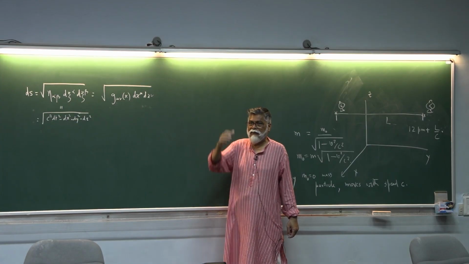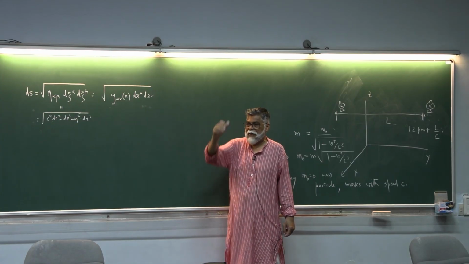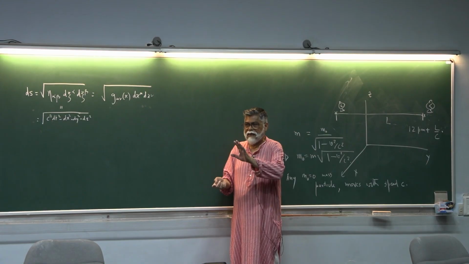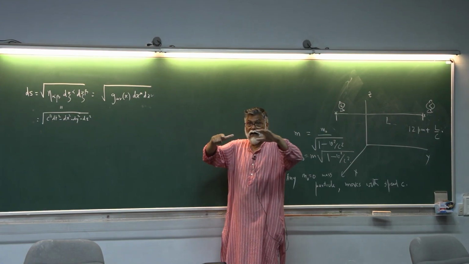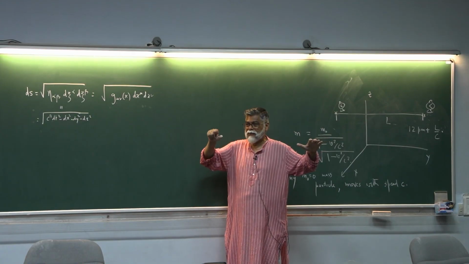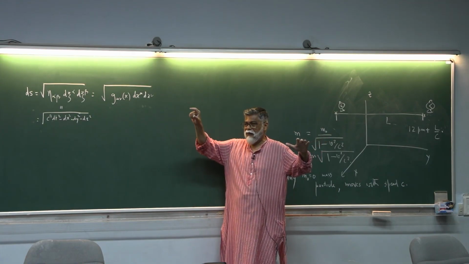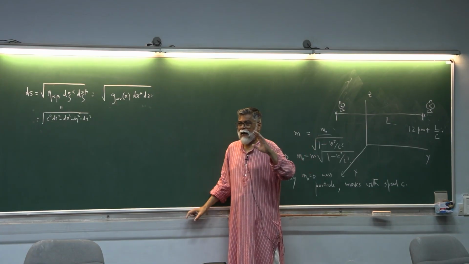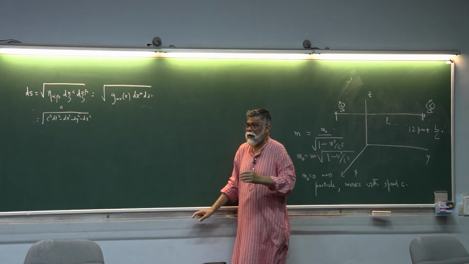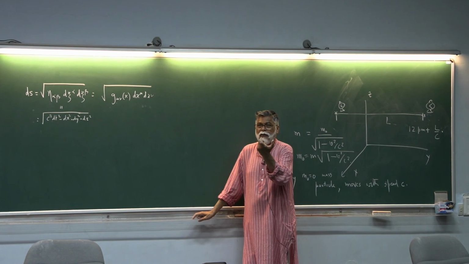I will show it using the fact that we had already proved that G00, when there are weak fields, is 1 plus 2 phi by c square, where phi is the Newtonian potential. I will use this kind of argument to show what is the actual time.